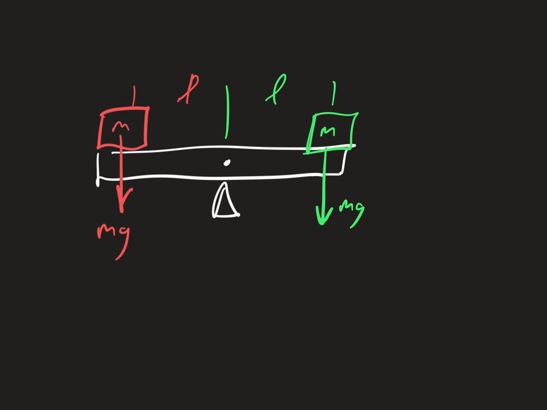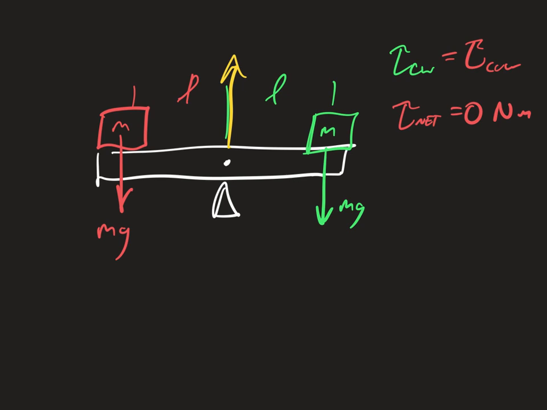So in this case, we know that tau clockwise equals tau counterclockwise. So the net torque, tau net, is equal to 0 Newton meters. Also, we have 2 downward forces, and we are going to have 1 upward force. The pivot point is holding up this seesaw.